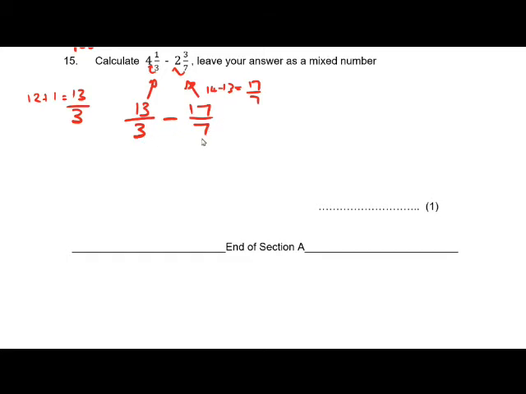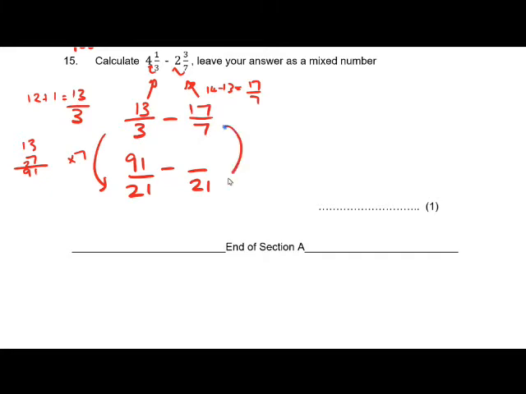Now we can't do this because the denominators are different, so we need a common denominator, a number 3 and 7 both go into. So 3 times 7 gives us 21 as a common denominator. To get from the 3 to the 21, we multiplied it by 7, so we need to multiply 13 by 7, which is 91 over 21.